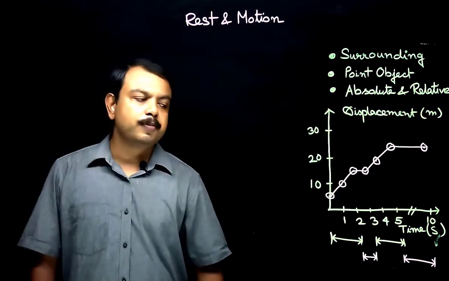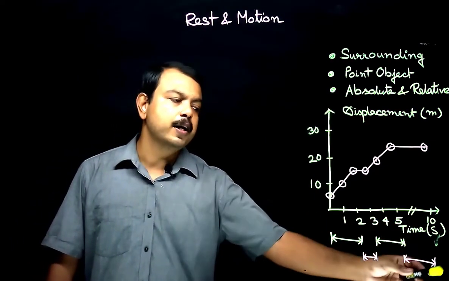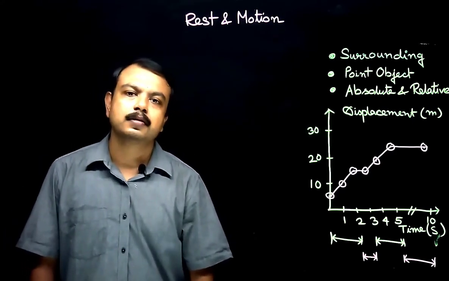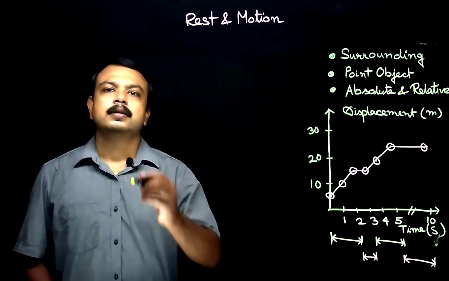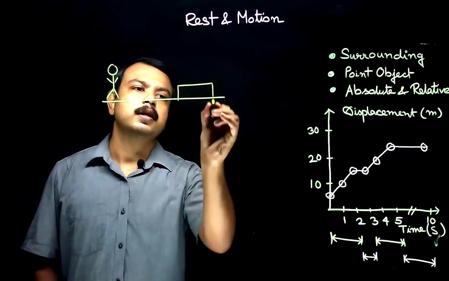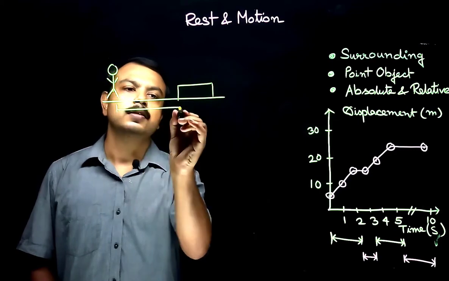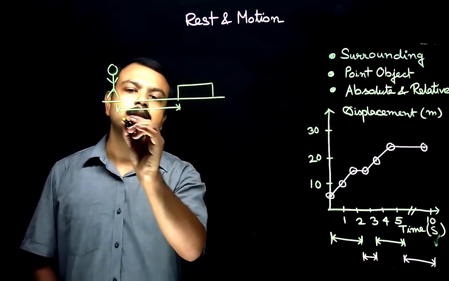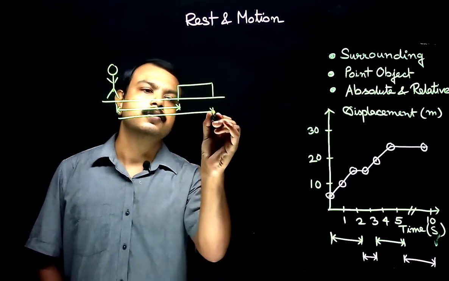The inferences we have drawn from this plot heavily depend on the observer. For example, the observer could have made the measurements on one occasion from the rear end of the car and on another occasion from the front end of the car.